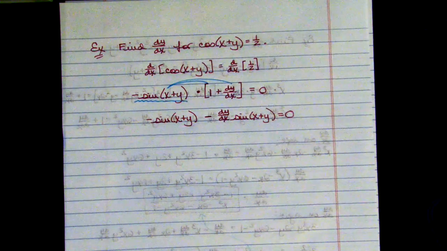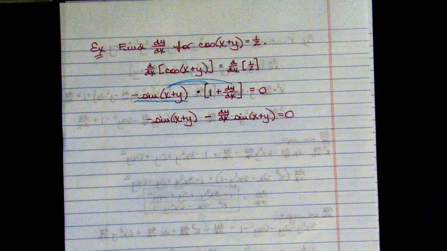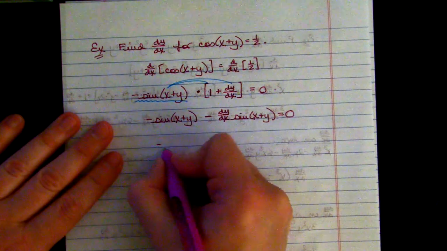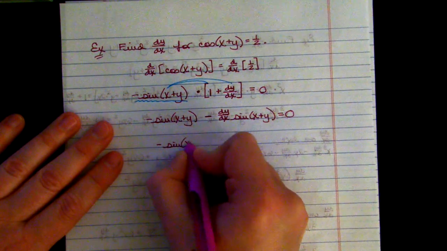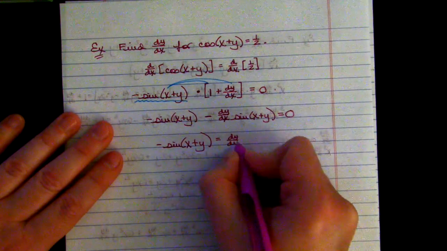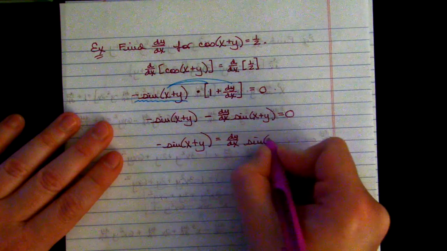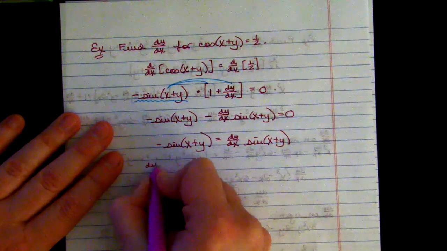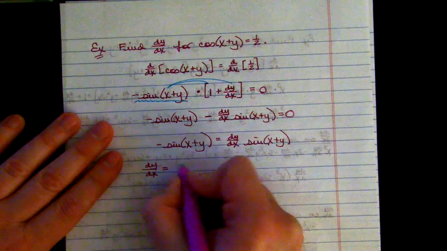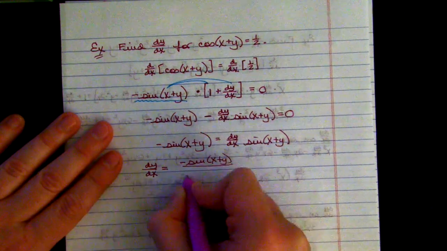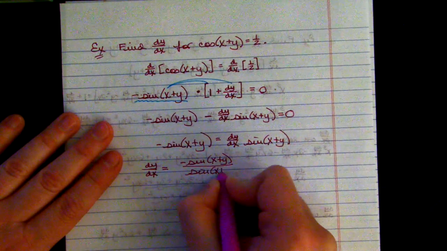You take a moment, make the dy/dx piece go to one side and solve for dy/dx. I've got negative sine(x plus y) equals dy/dx times the sine of (x plus y). I'm going to divide both sides by the sine of (x plus y). I'll just switch sides over here and say dy/dx equals negative sine(x plus y) over sine(x plus y).